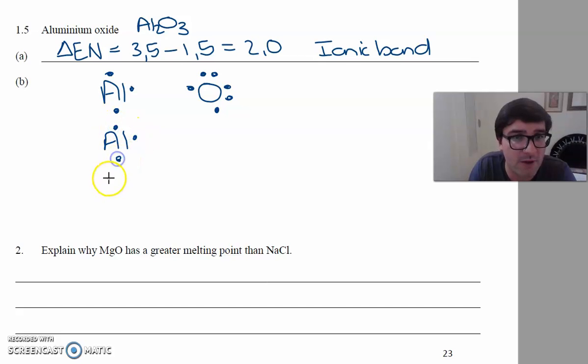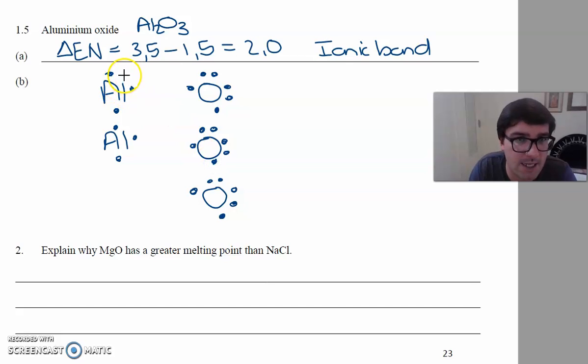So if I have aluminium atoms here, I just need 2 of them, not 3 of them. 2 of them and 3 oxygen atoms. So there's my 3 oxygen atoms.